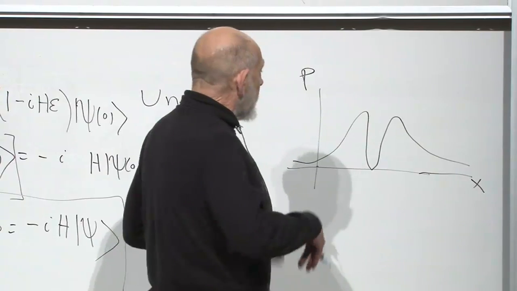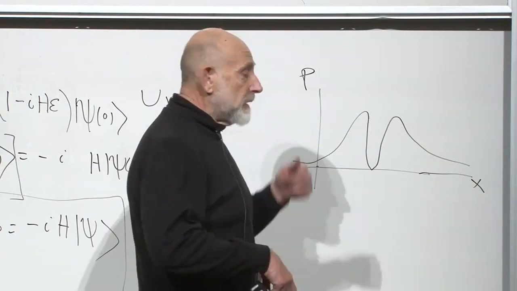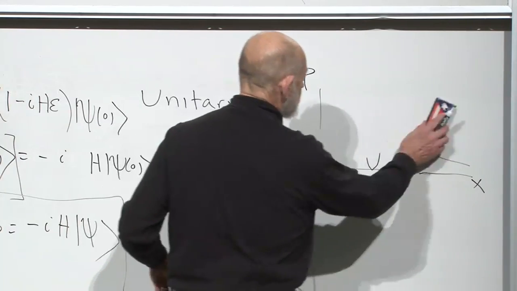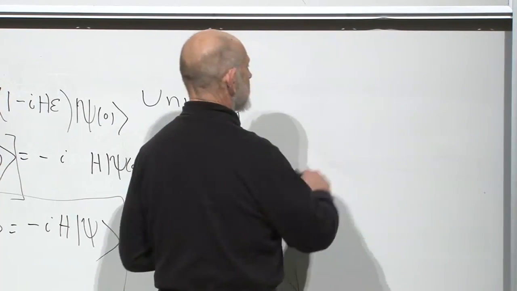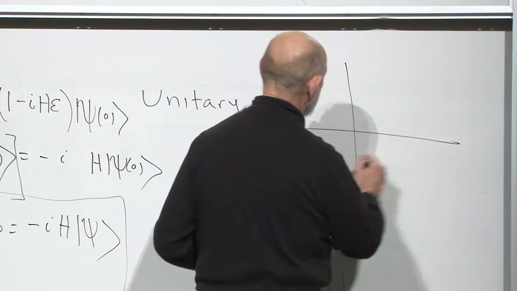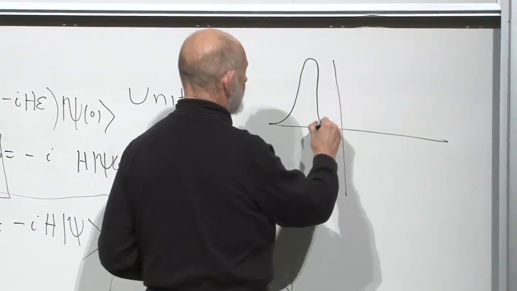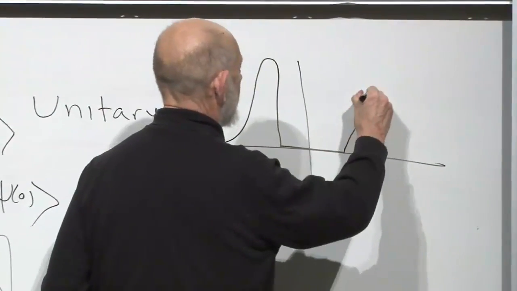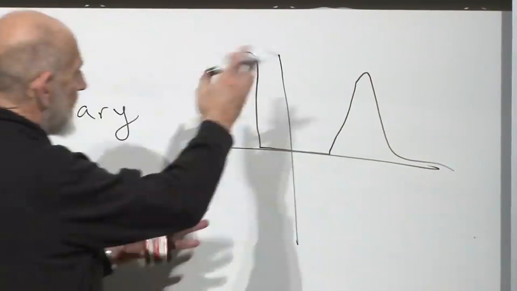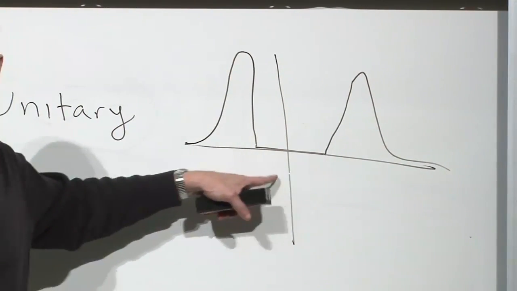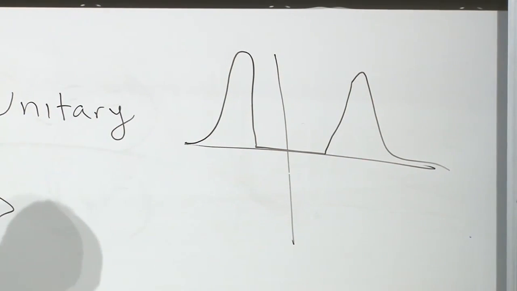It could be that for some particular state, let's make it symmetric about the origin, the probability distribution looks like this. I meant to make this symmetric, and it's really very, very zero in the neighborhood of the origin here.